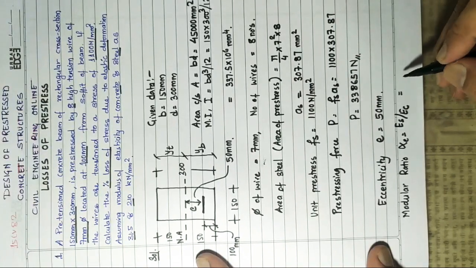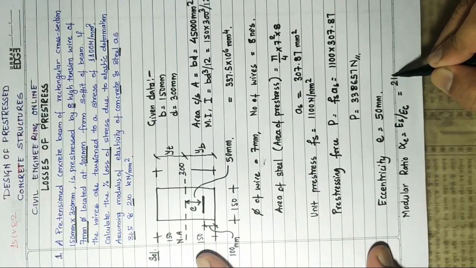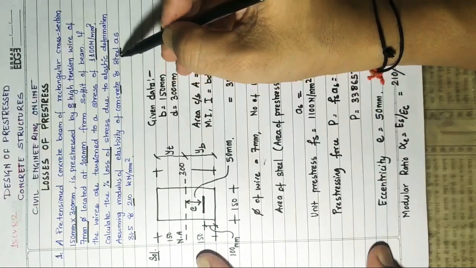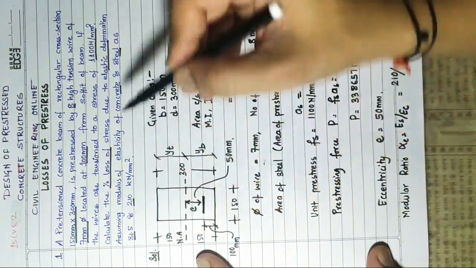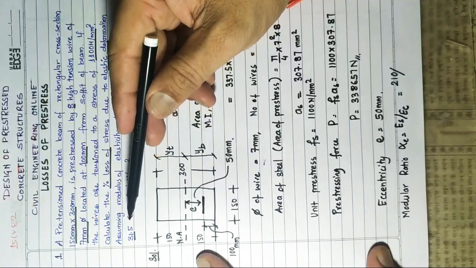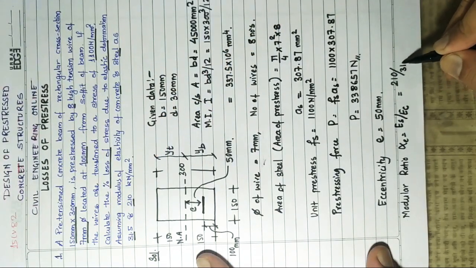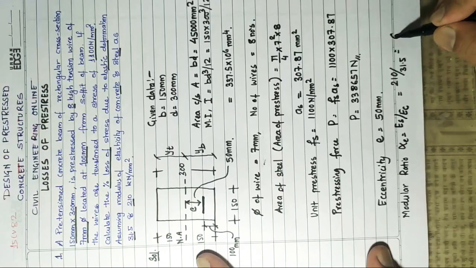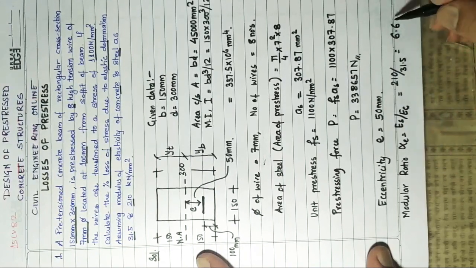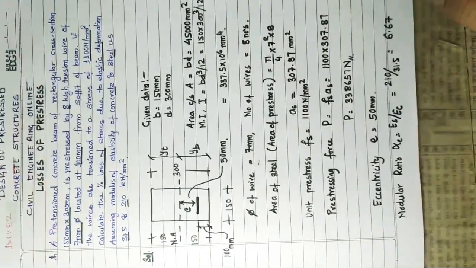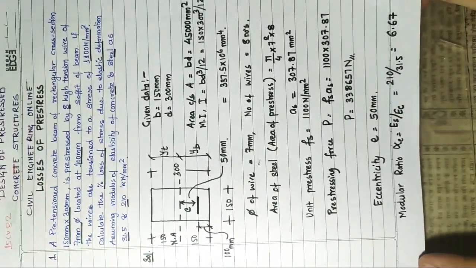Young's modulus of steel and Young's modulus of concrete, which is given in the question. Young's modulus of steel is 210, Young's modulus of concrete is 31.5. So, 210 divided by 31.5, when we do, we get one more value, that is modulus ratio as 6.67.